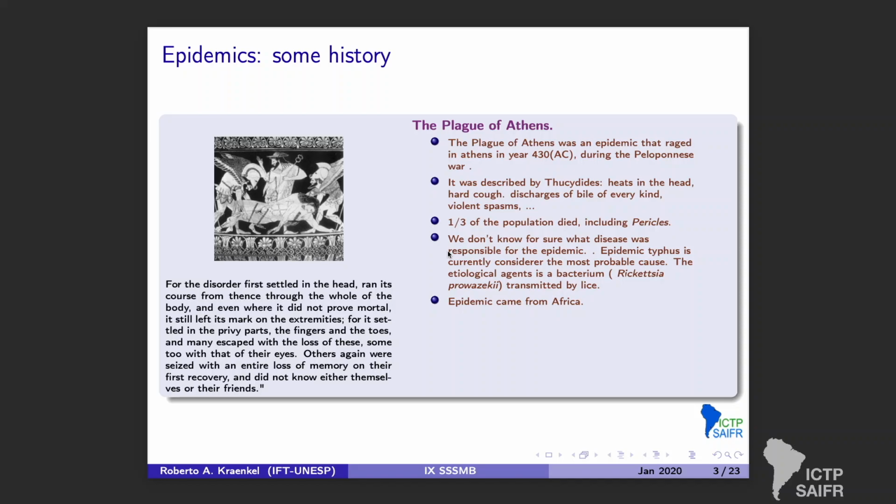But people tried to find paleological evidence from graves which can be connected to this time. That's where the hypothesis of typhus emerged, but it is still a matter of some discussion.